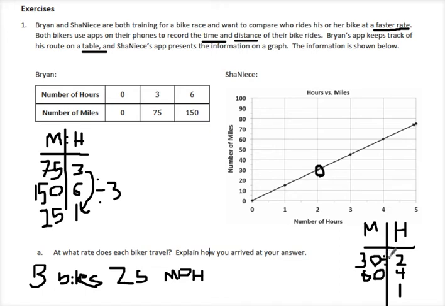So you can even look at it like this, just dividing by 2. 30 divided by 2 is 15. So Shanice bikes 15 mph.